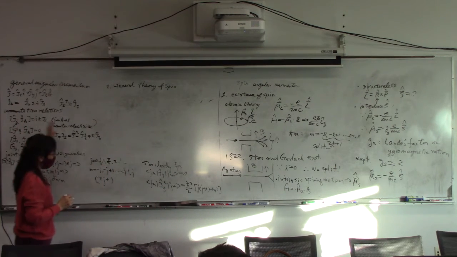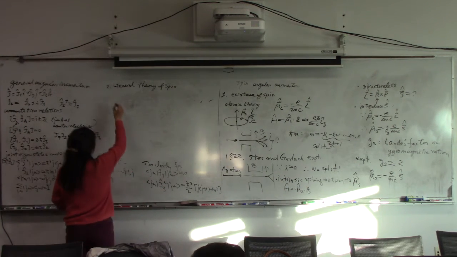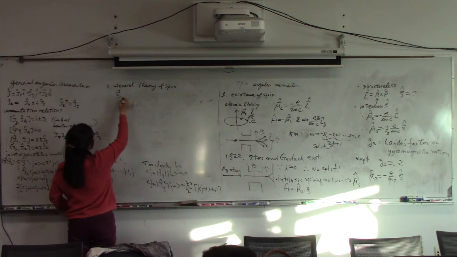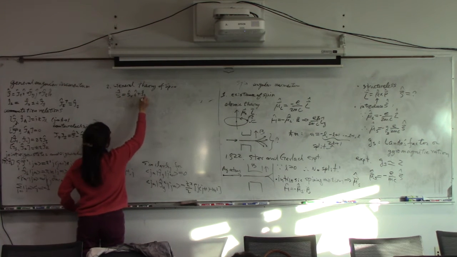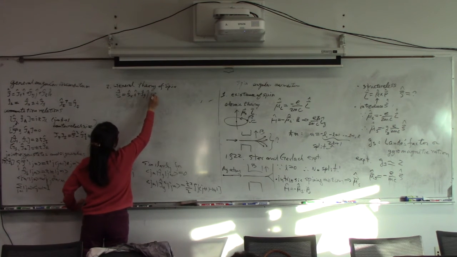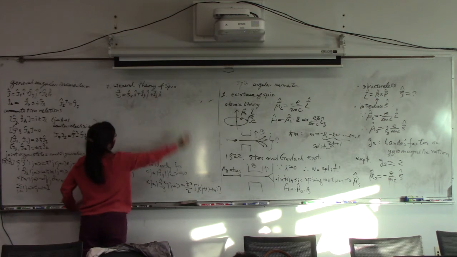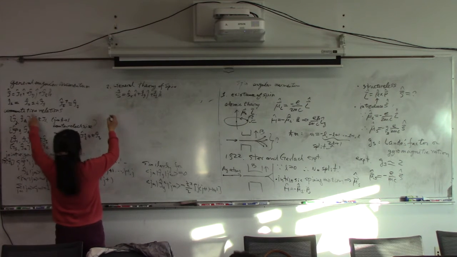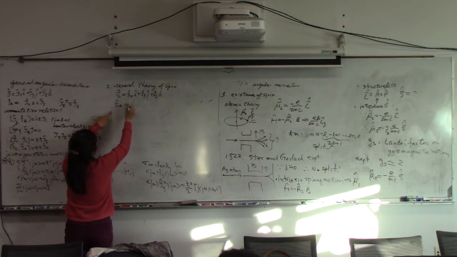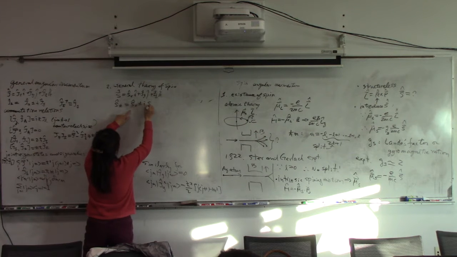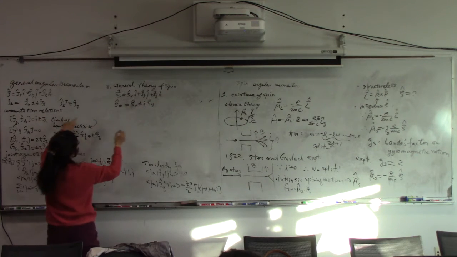Okay, now I follow the same thing here. Spin angular momentum is a vector, so it has x components, y components, and z components. Second, we can also build up spin raising and lowering operators, S plus minus equal to Sx plus minus i Sy, and the same thing here.